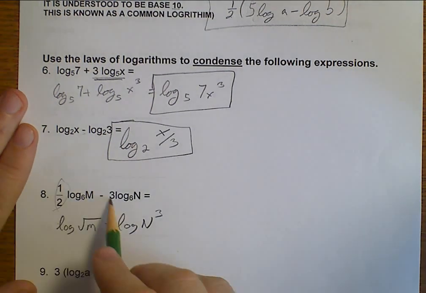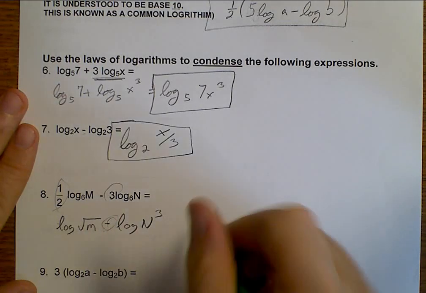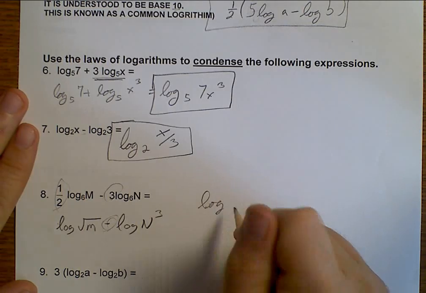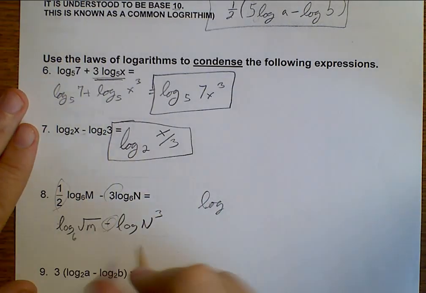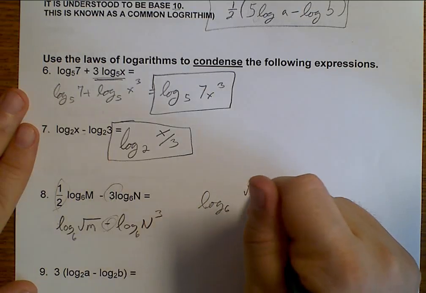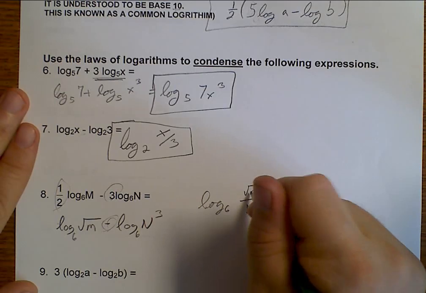So we moved our exponents. Now I'm going to deal with the subtraction sign. So that becomes the log base 6 of the square root of m over n cubed.